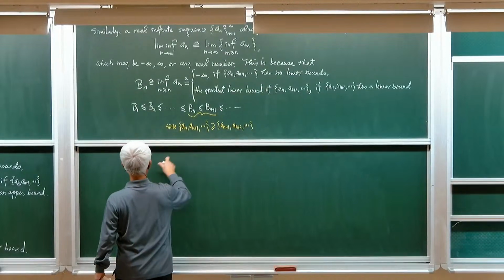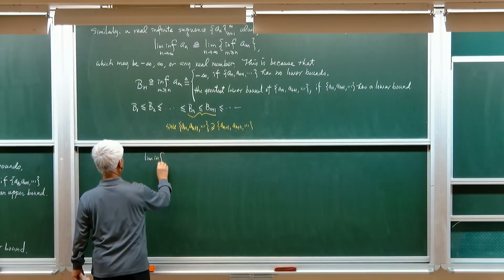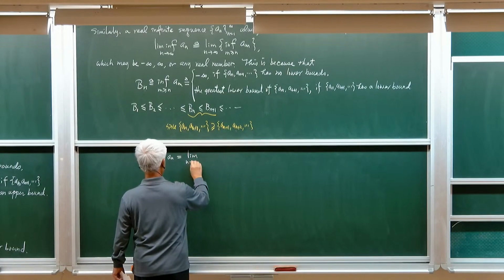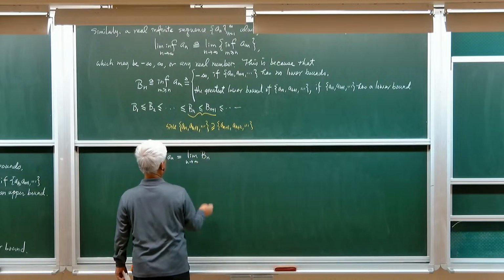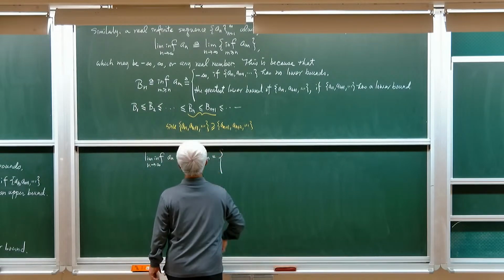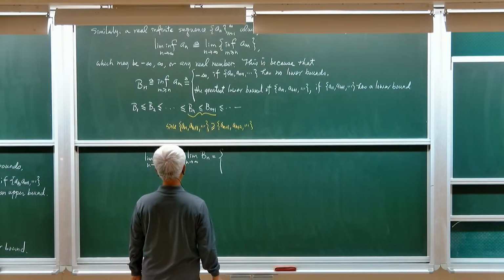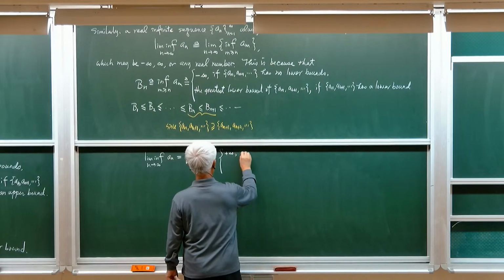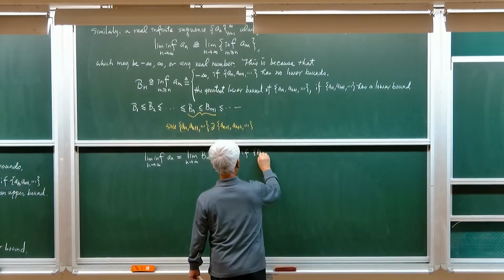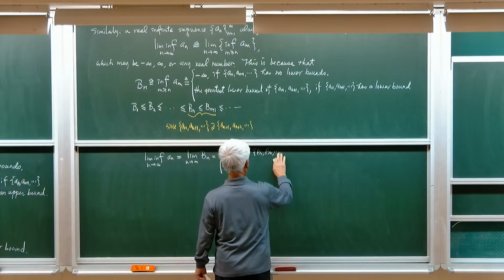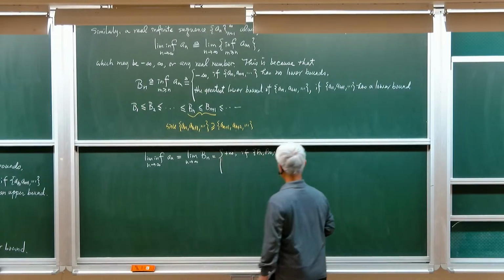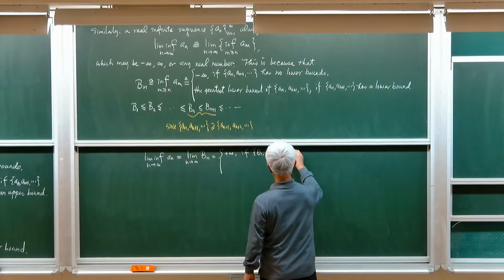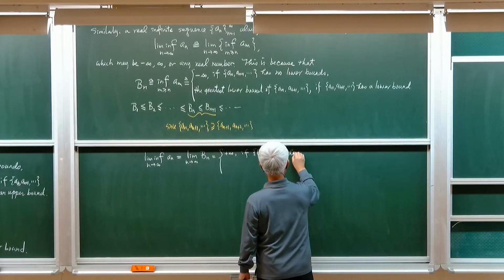The lower limit, lim inf, which is the limit of Bn, is equal to plus infinity if the sequence B1, B2, and so on has no upper bound.